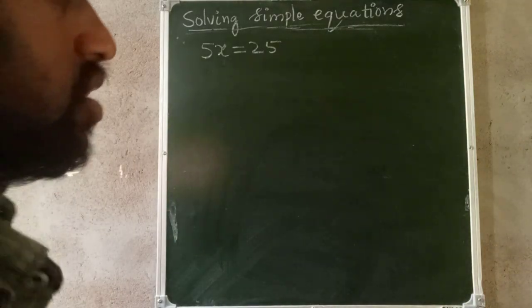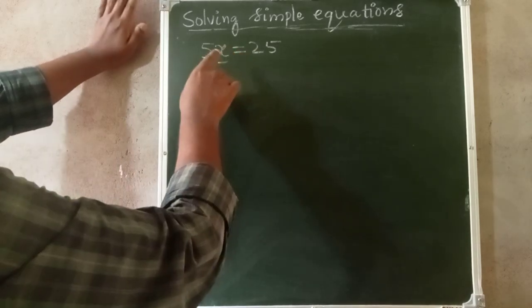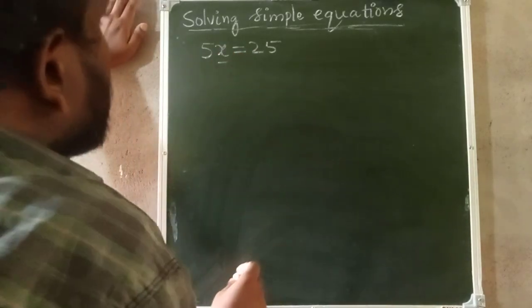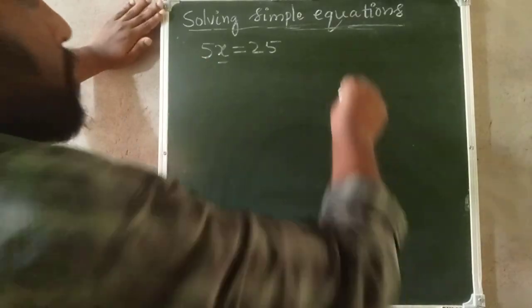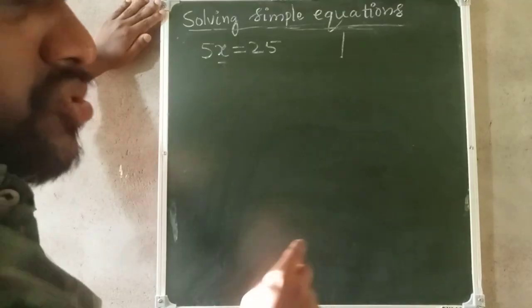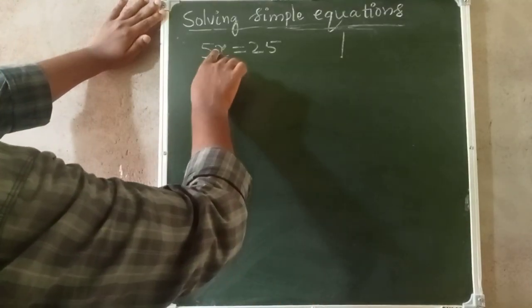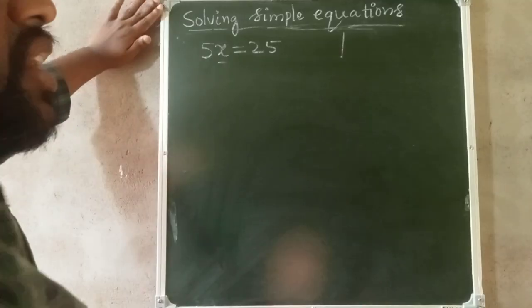Okay. Now see, we want to find the value of x. So we don't want this 5. So remember this 5x means 5 into x. So between 5 and x there is into. We have to understand in that way.